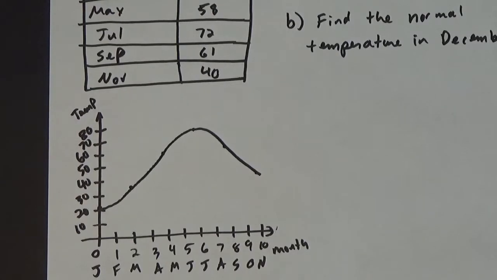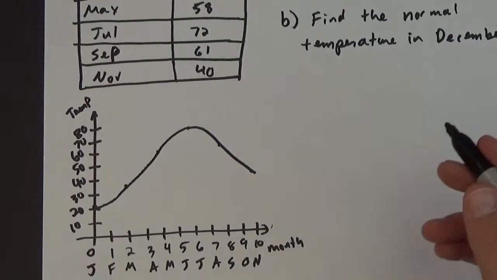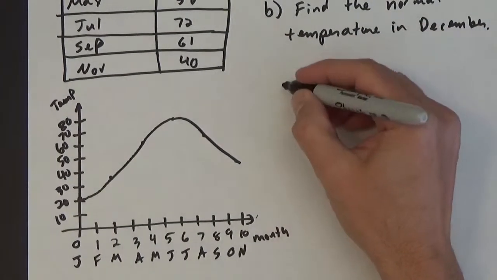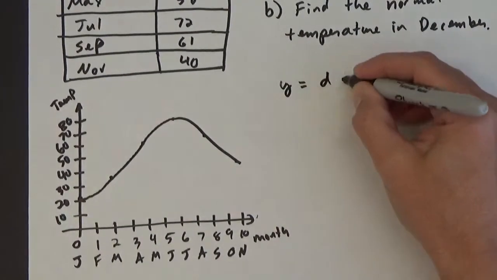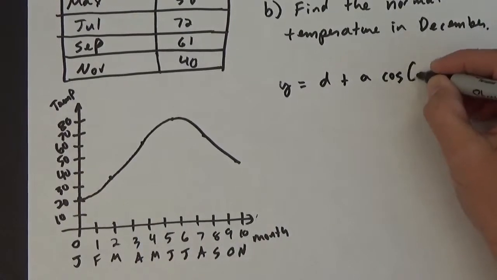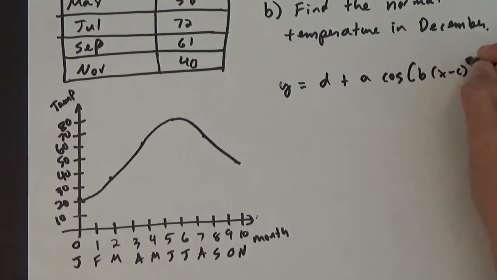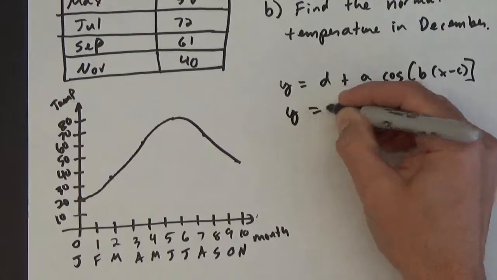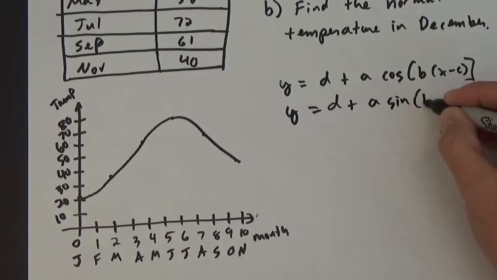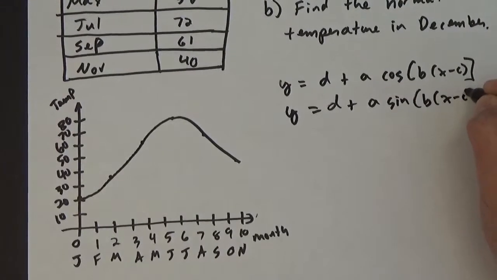All right, now we have two choices as far as our trigonometric function that we're going to model. We can either use y equals d plus a times the cosine of b times x minus c, or we can use y equals d plus a times the sine of b times x minus c.